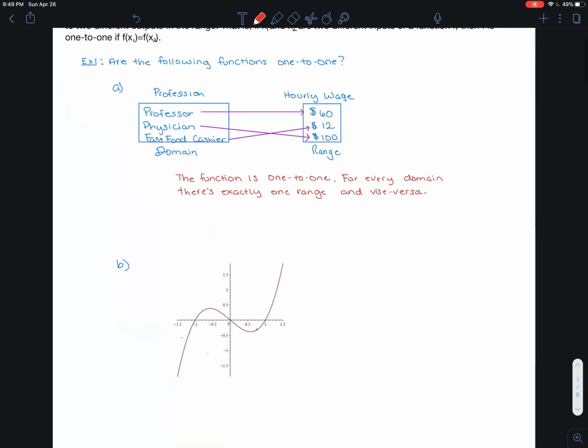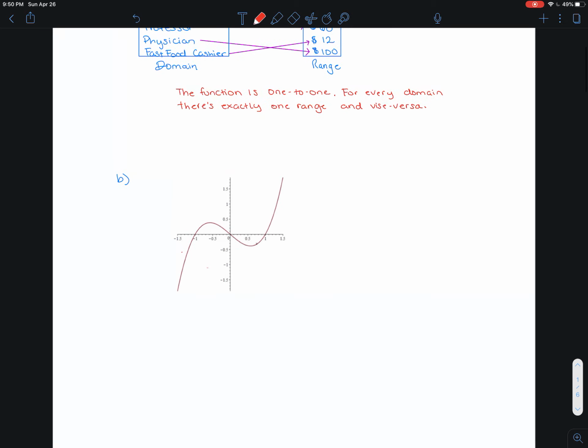Now let's look at the graph. What do you think? Is this one-to-one? Before we answer that question, I want to remind you that this is a function because it passes the vertical line test. In other words, a vertical line crosses it at exactly one point.